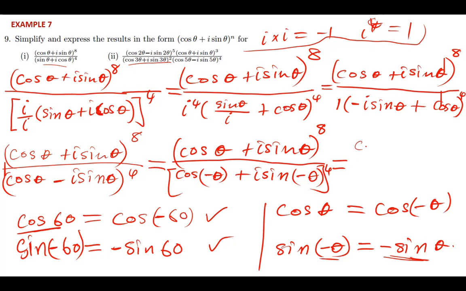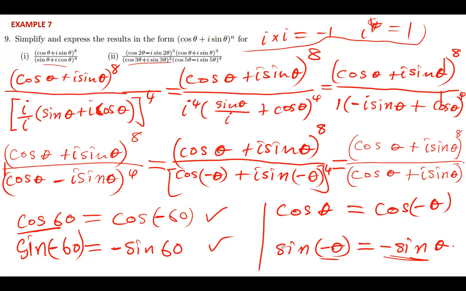So you have cos theta plus i sine theta raised to the power 8, and then everything divided by cos theta plus i sine theta to the power negative 4. From there, we can now find the final answer.